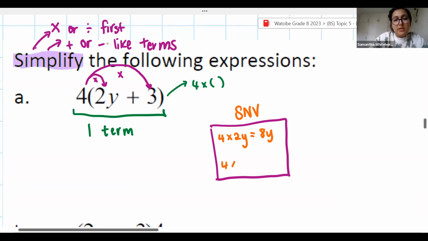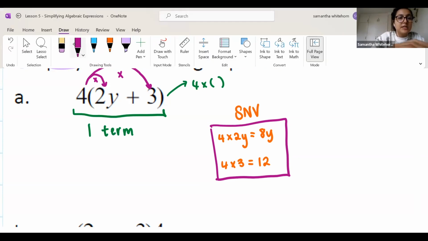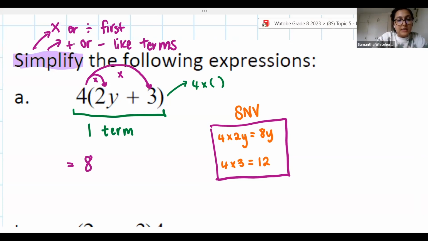And then I have positive 4 times positive 3. Positive times a positive is again a positive. 4 times 3 is 12. I don't have a variable there, so I don't need to stress about that. And because I've now done my multiplications, I know that my product that I have is 8y plus 12.